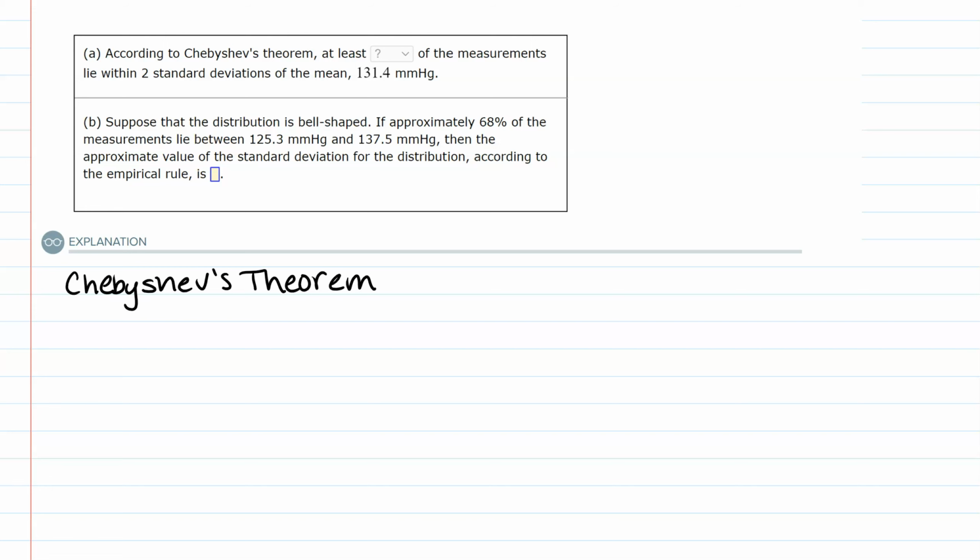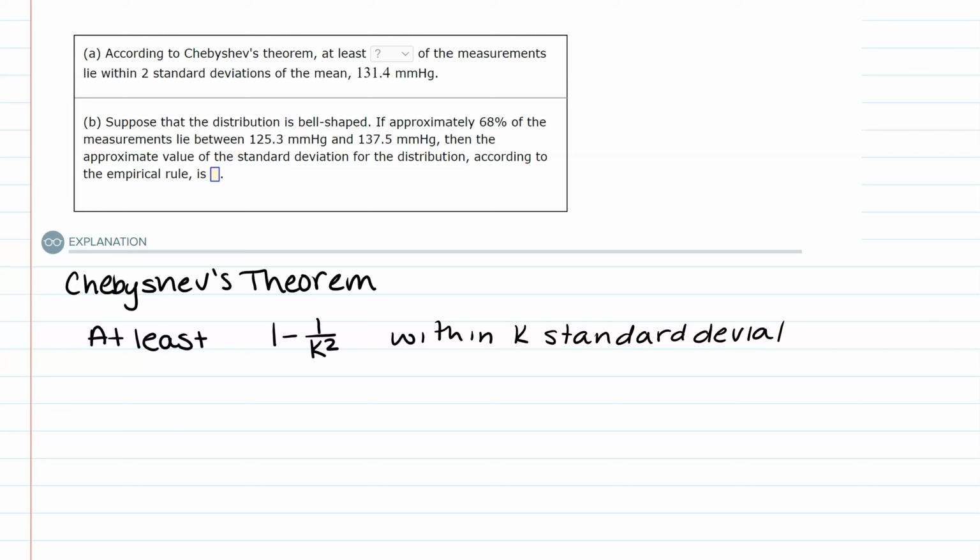What that theorem says is, in any kind of distribution of data, whether it looks like a bell or not, at least 1 minus 1 over k squared portion of your data will be within k standard deviations. In any distribution. That's pretty important.